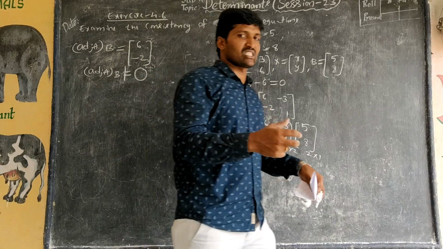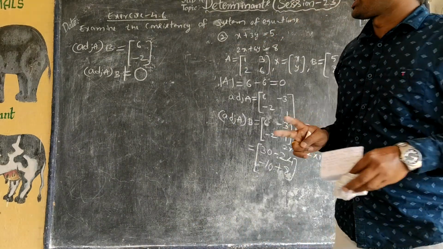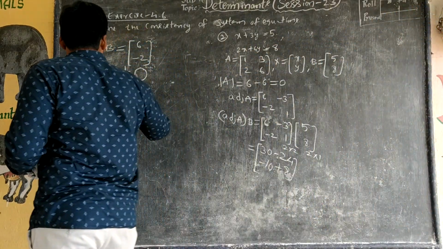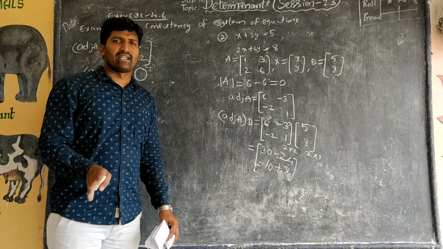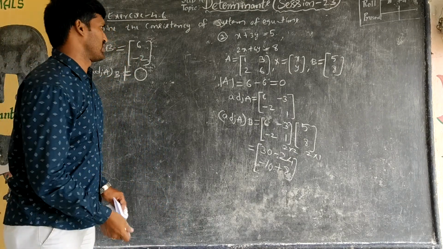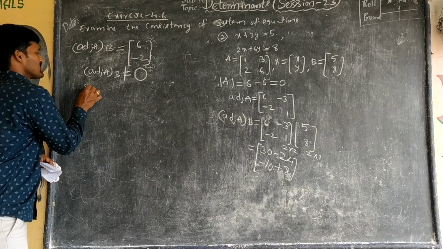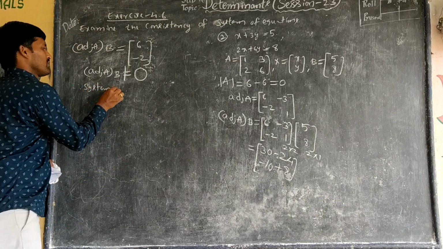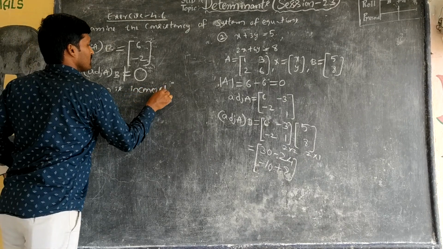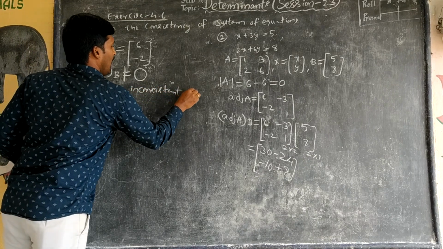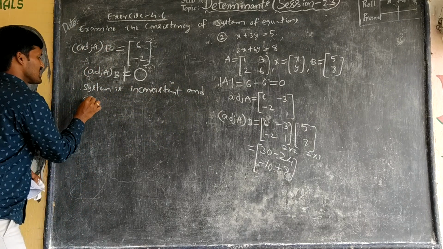Already I said in case 2, there are 2 conditions. Adjoint A into B matrix is not equal to the 0 matrix, so the system is inconsistent and does not have any solution. No solution for that. The system is inconsistent and a solution does not exist.